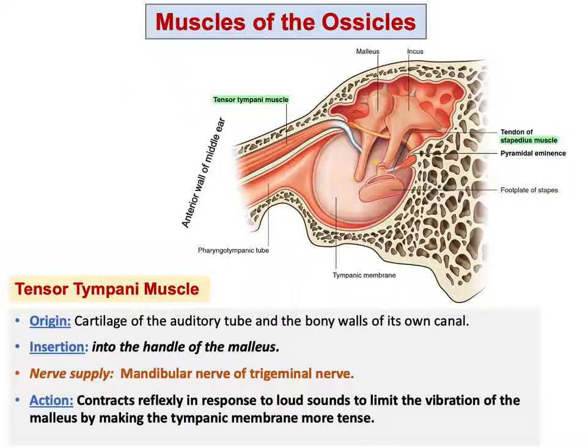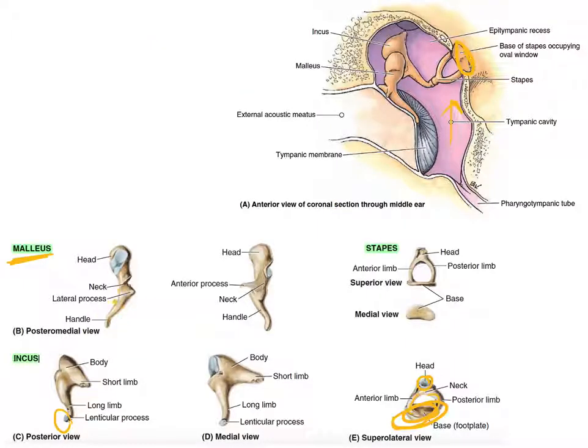Now, let us define the muscles and which structures they attach to. I would like to remind you of the most important things here. In the malleus, you have the handle that articulates with the tympanic membrane, and of course there is a muscle, we'll talk about it, also attached to it to ultimately tense the tympanic membrane.